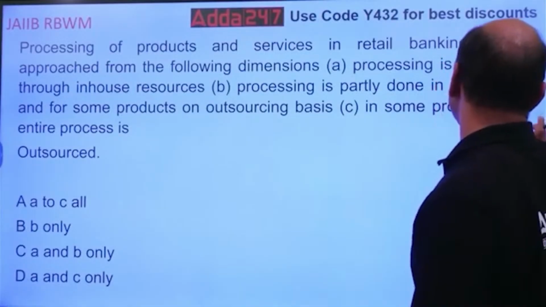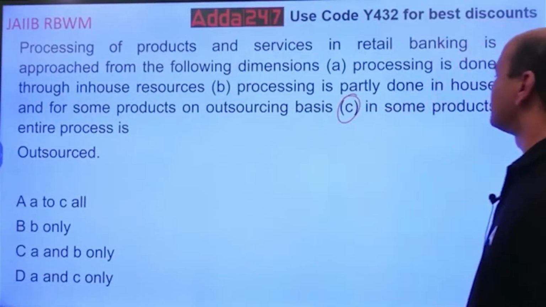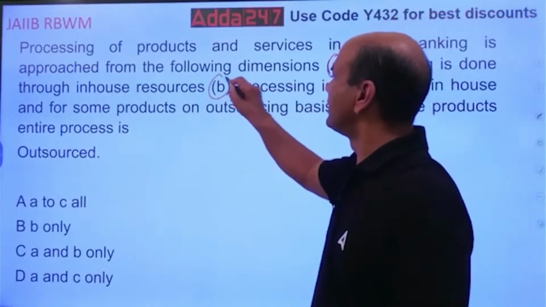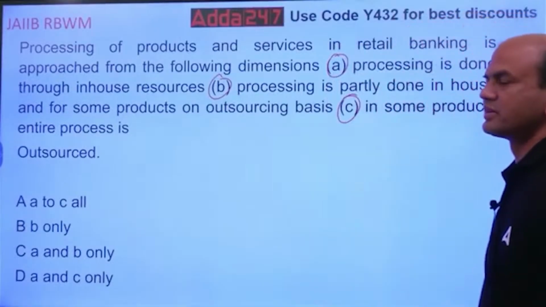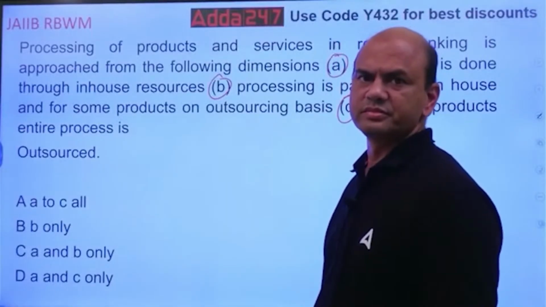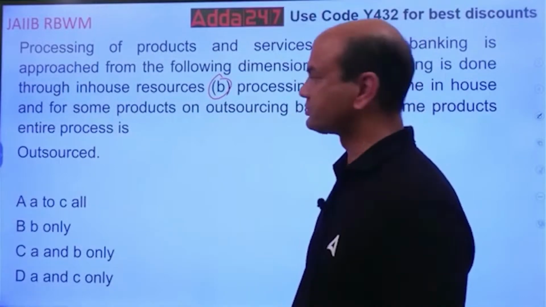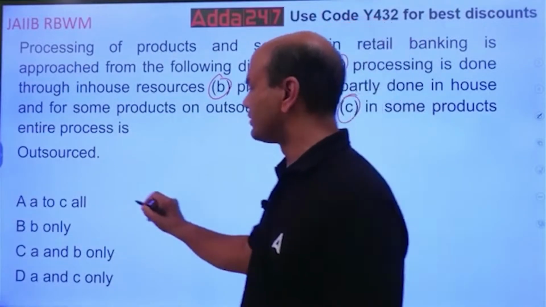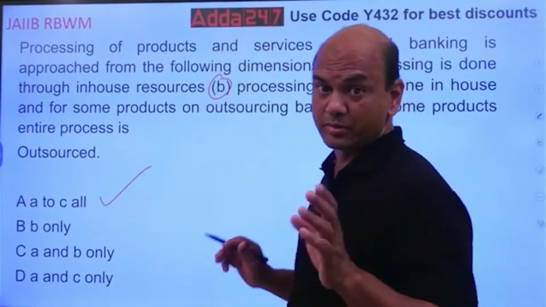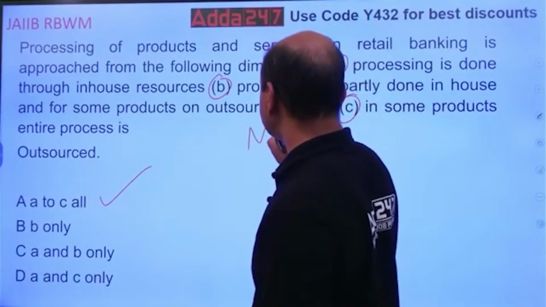So partly in-house, partly outsourced. C, in some products, the entire process is outsourced. So A, B and C. What do the banks follow? We have seen a similar question earlier also. So it is all of them, A to C. It depends on bank to bank. Generally, as per your books I am telling you, nationalized banks follow nationalized.